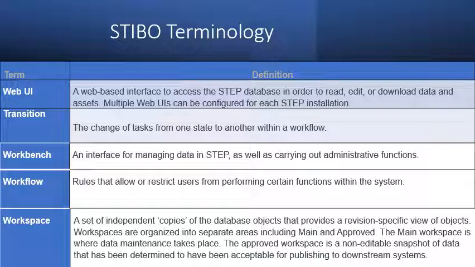The main workspace is the area where the data maintenance takes place, and approved workspace is a non-editable snapshot of the data which has been determined and accepted for publishing or downloading from the system. So two different workspaces. It's kind of like one is a staging, and one is what has been approved and delivered. So two types of workspaces will be there.